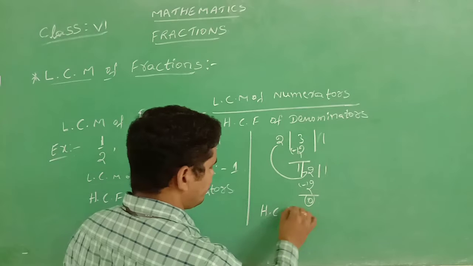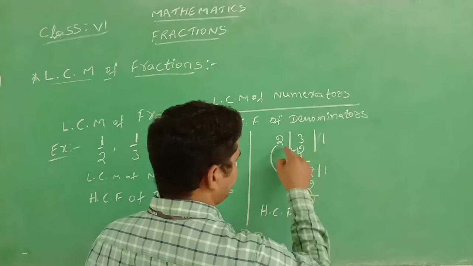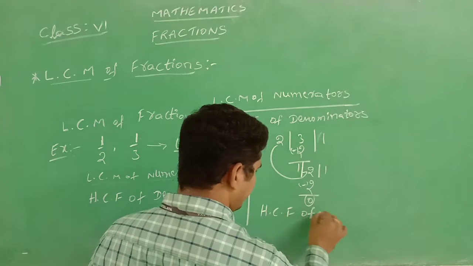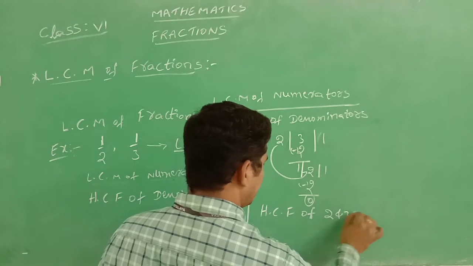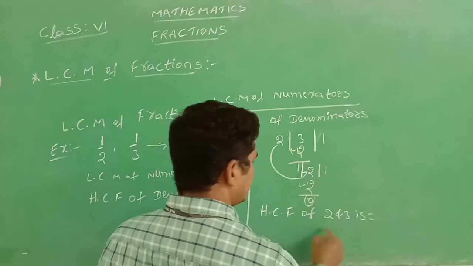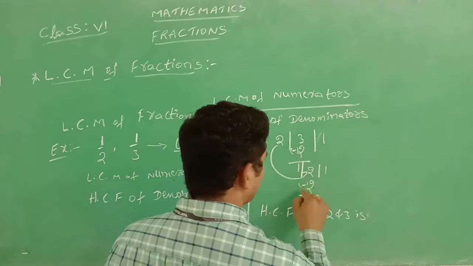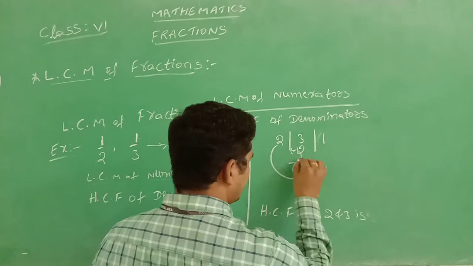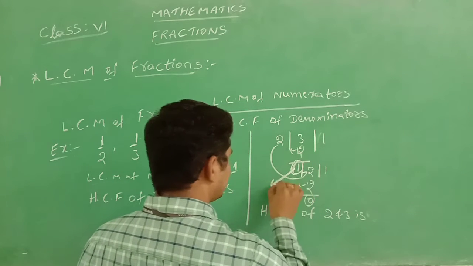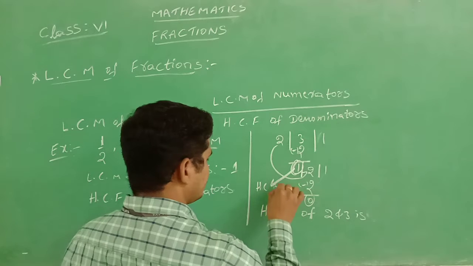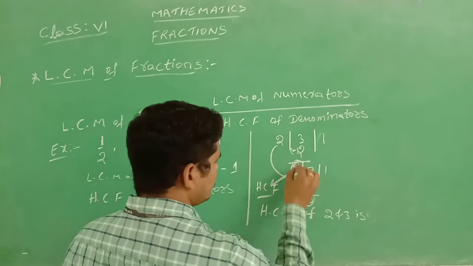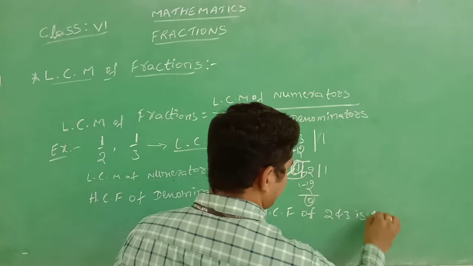Now the HCF of 2 and 3 is the divisor value here, so 1 is the HCF.